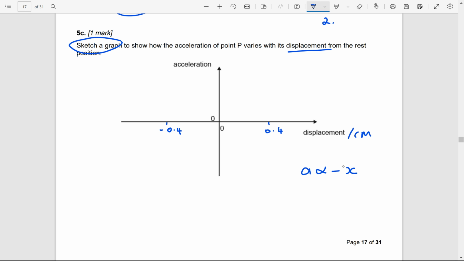So in other words, we're going to have a negative gradient, and this is a straight line. I won't be able to do a straight line on my screen, but it needs to go through 0. It must go through 0, and we're looking for a straight line, and I'm going to start it at minus 0.4, and end it at 0.4. As I say, this isn't going to be straight. You would be expected to do this with a ruler and ideally a pencil.